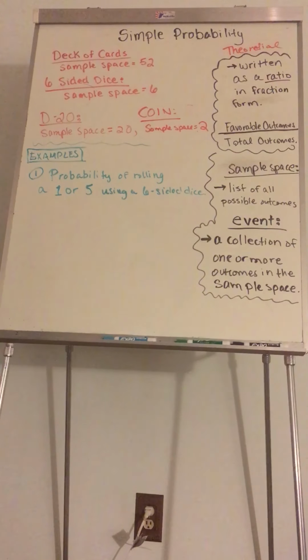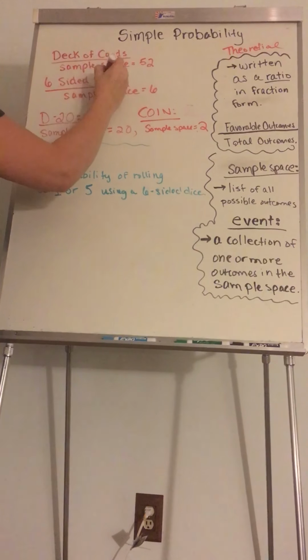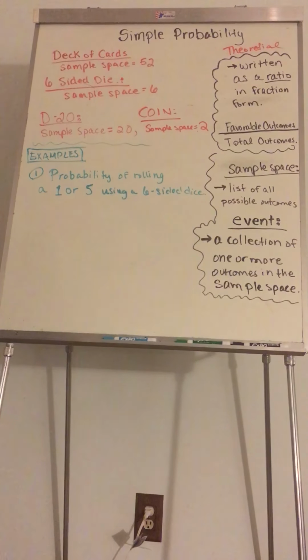So the sample space is a list of all possible outcomes. For instance, a deck of cards has a sample space of 52 because if you're going to draw a card from that, there are 52 different cards you could get. A six-sided die, D-I-E, that is the singular form of that word, has a sample space of 6 because there are 6 sides. There's 6 total outcomes you could get by rolling the die. A D20 die has 20 sides, so the sample space is 20.